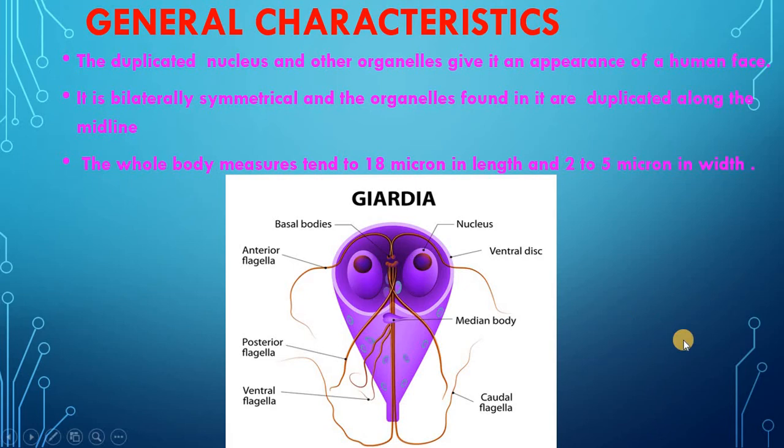Flagella arise from the middle and the posterior ends of the body. The basal granules remain connected to each other. They are also connected to the 2 vesicular nuclei which lie on either side of the midline.